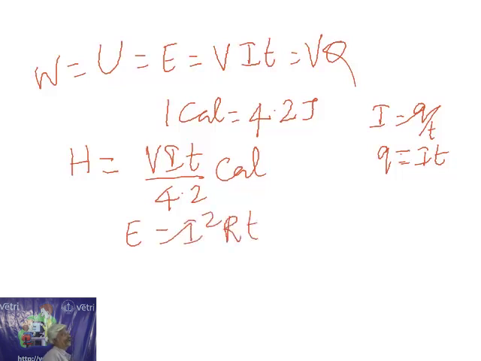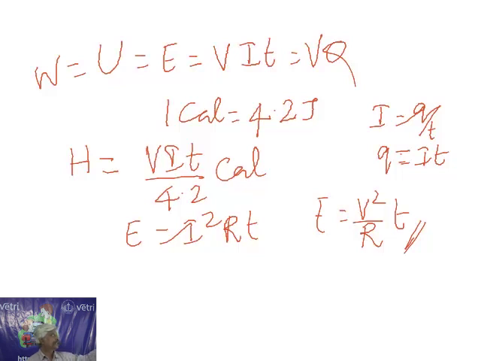Because V is equal to IR, so VIT becomes I squared RT. Or sometimes E is equal to V squared by R into T. This is an important formula. Most of the problems as far as your 12th entrance examination is concerned use V squared by R into T. So there are three formulas you have to keep in your mind.